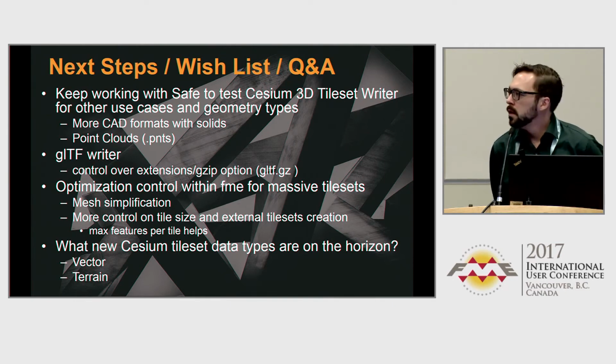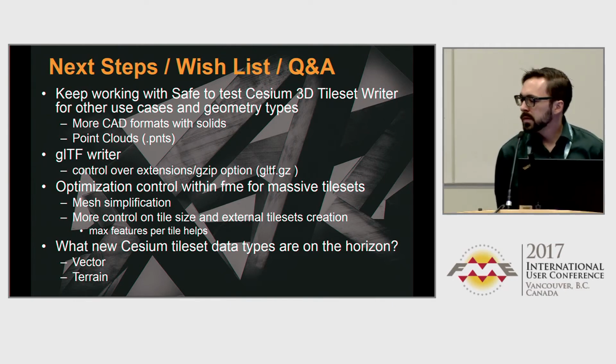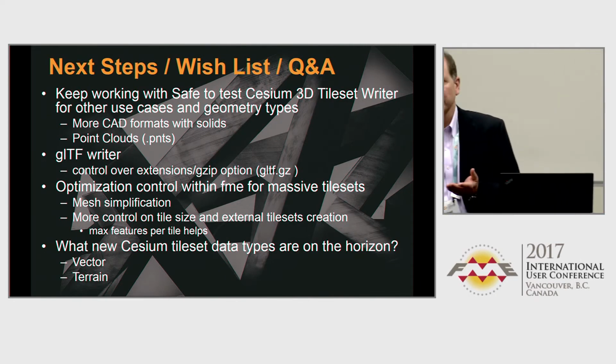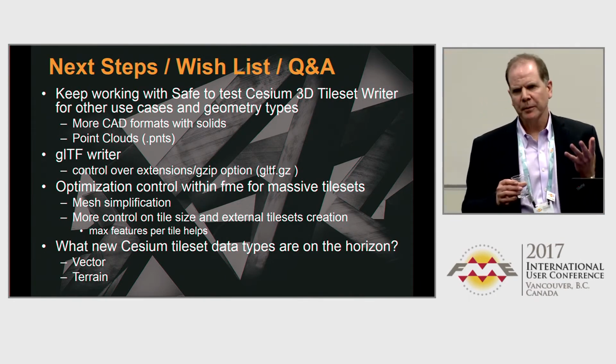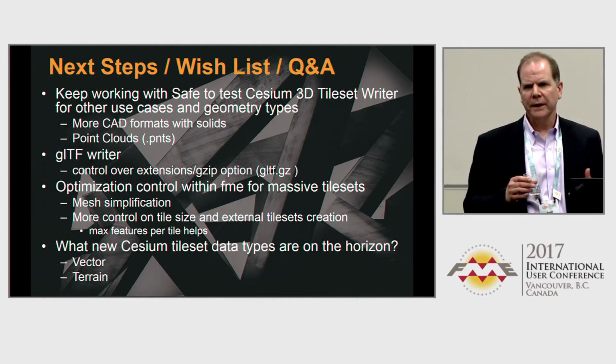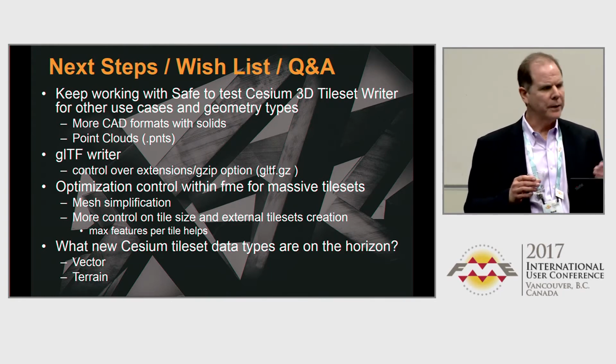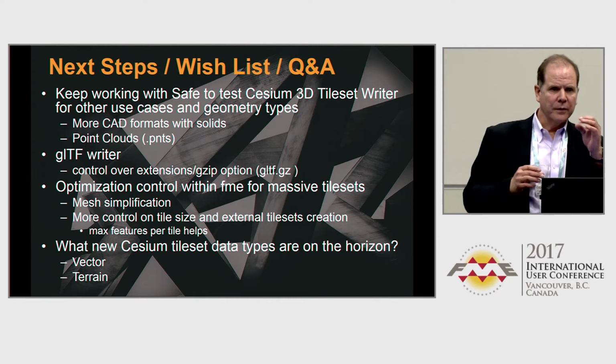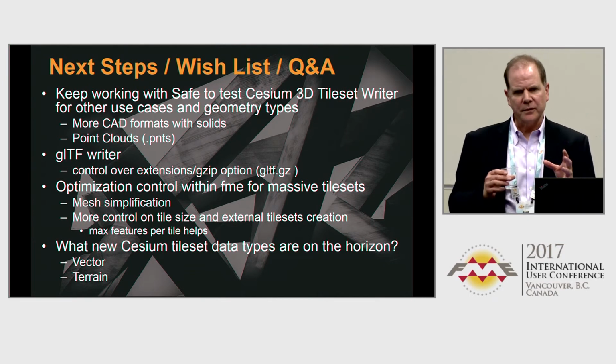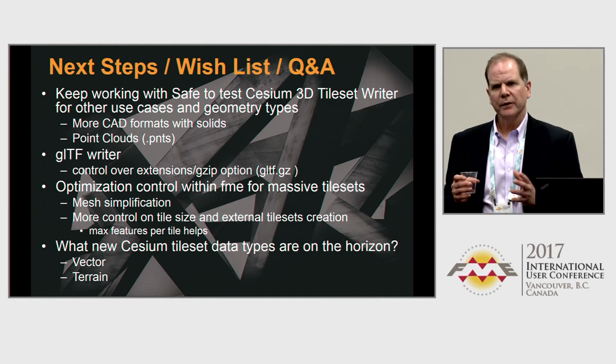The size of the source data is an issue, and we've had to go to 64-bit FME for that and ramp up the RAM. But it handles it pretty well. Sometimes we have to slice and dice things. But as Denver says, the 3D tile spec is such that you can chunk your data very easily.